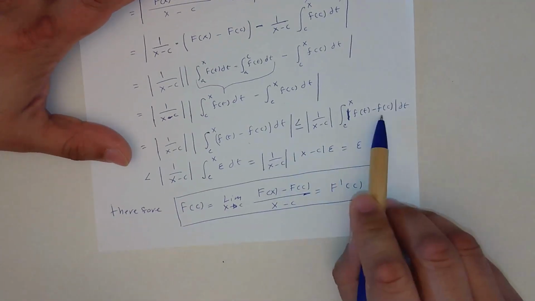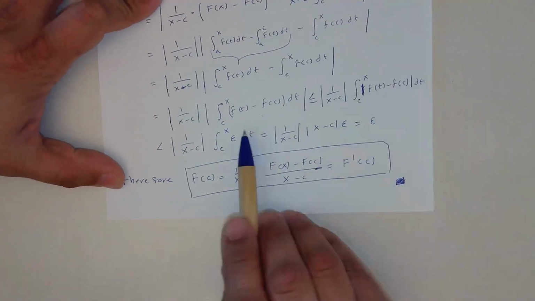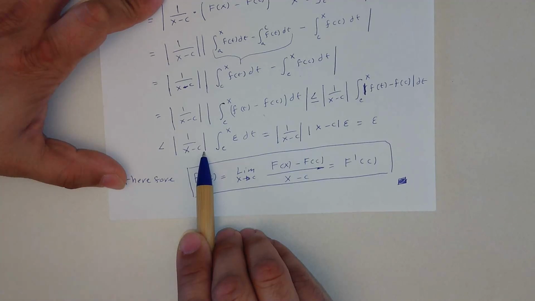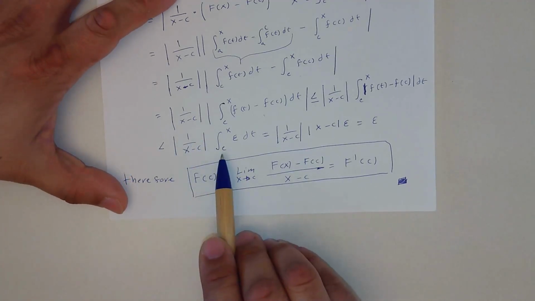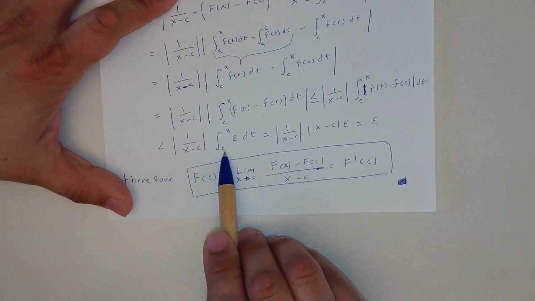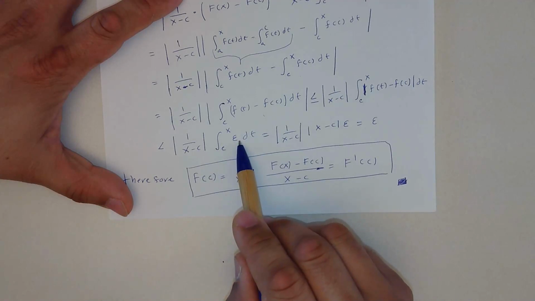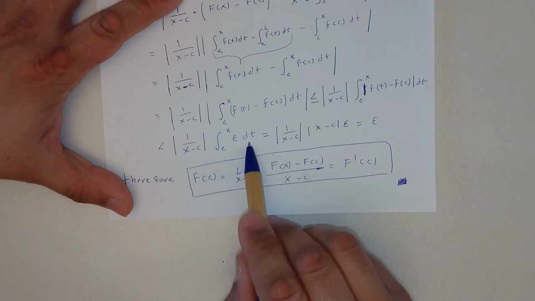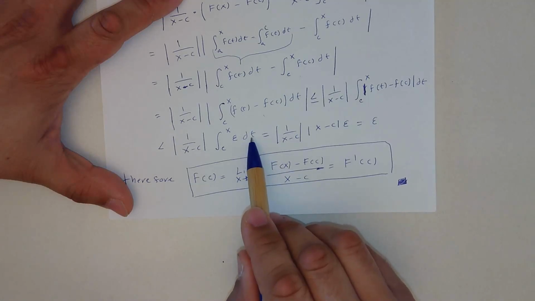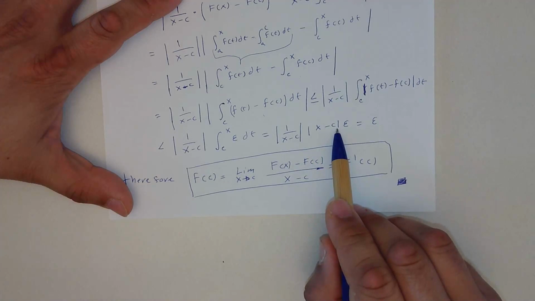So we can have that all this is less than the absolute value of this common factor multiplied by the integral from c to x of epsilon dt, right? And this is a constant number, so we can move it outside, and basically this integral of dt will be just the distance from x to c, right?